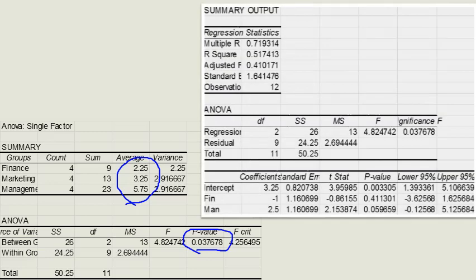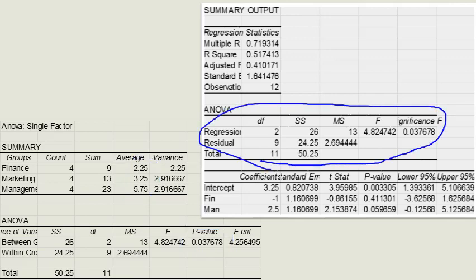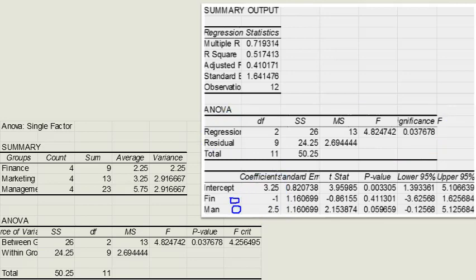Next, let's look at the regression output. First of all, the entire ANOVA tables are exactly the same for both. Now let's focus on the regression coefficients. If all the indicator variables are equal to 0, then the regression equation is just the intercept.